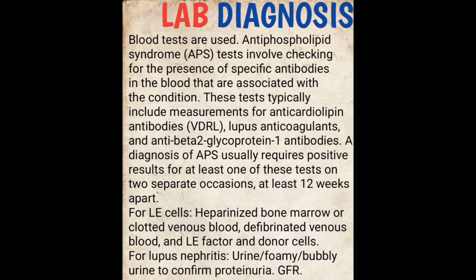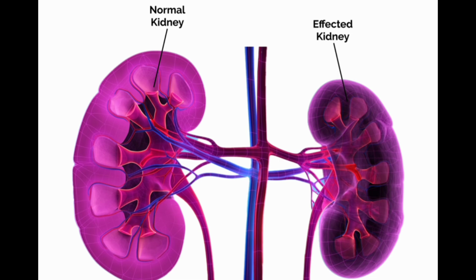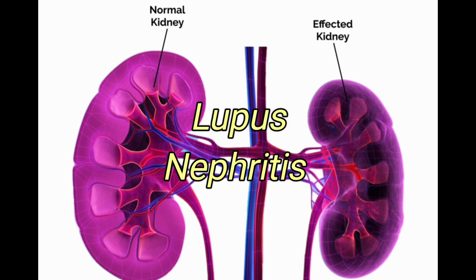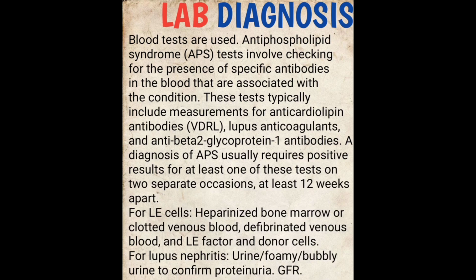These tests typically include measurement of the anticardiolipin, lupus anticoagulants, and anti-beta-2 glycoprotein 1 antibodies. A diagnosis of APS usually requires positive results for at least one of these tests on two separate occasions, at least 12 weeks apart.